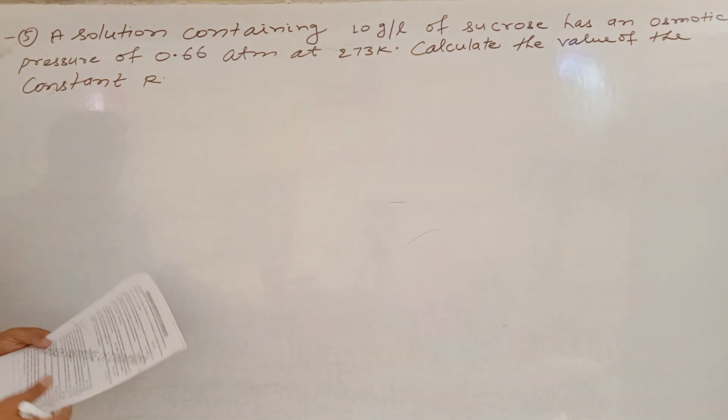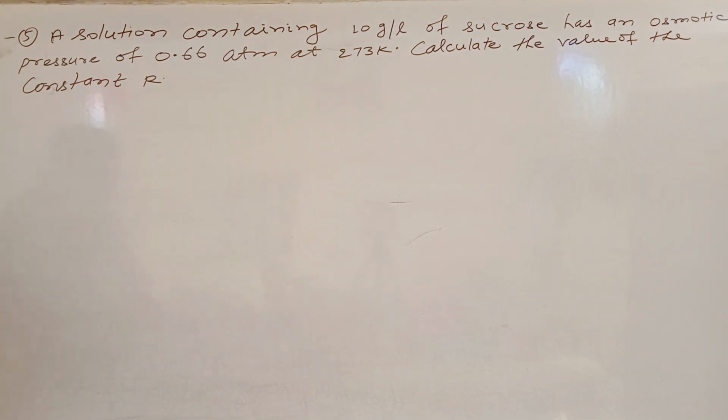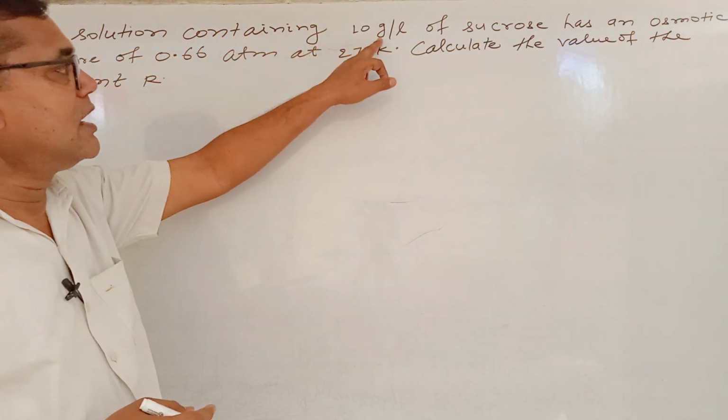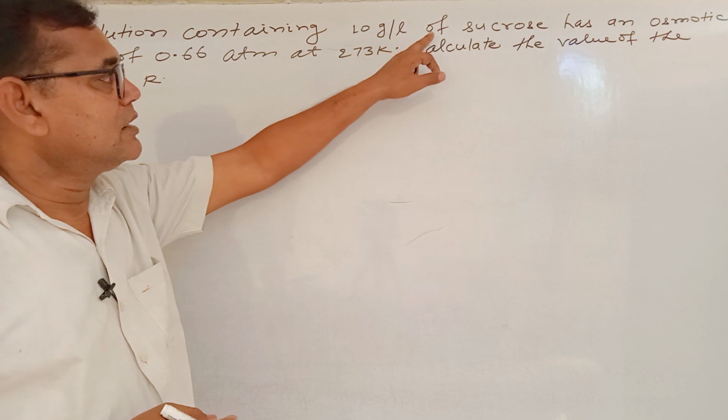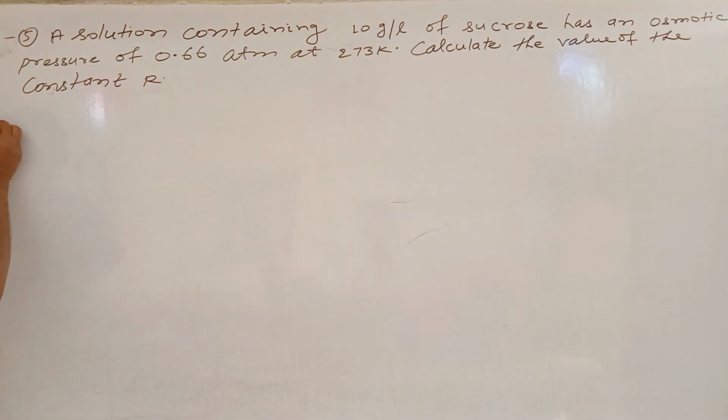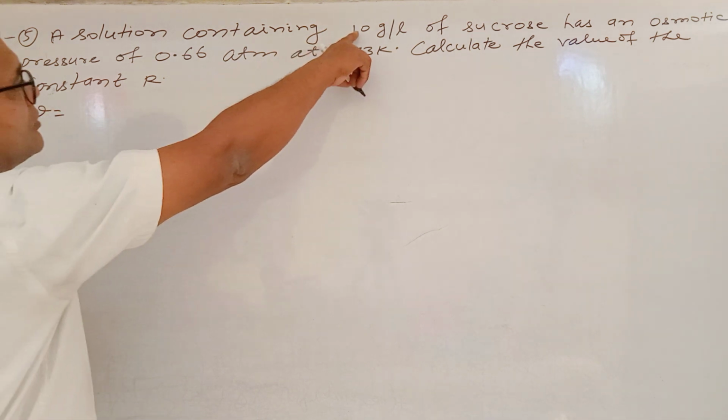In this question we have to calculate the value of constant R. Question is a solution containing 10 gram per liter of sucrose. In the question, small w is equal to 10 gram.